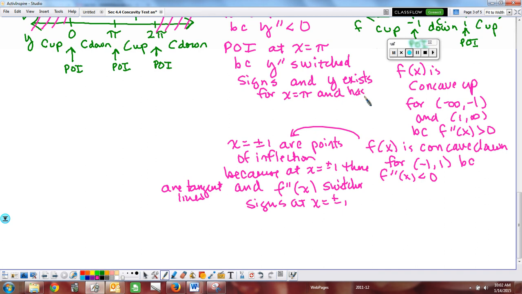And it has a tangent line there. Okay, get all those reasons in there.